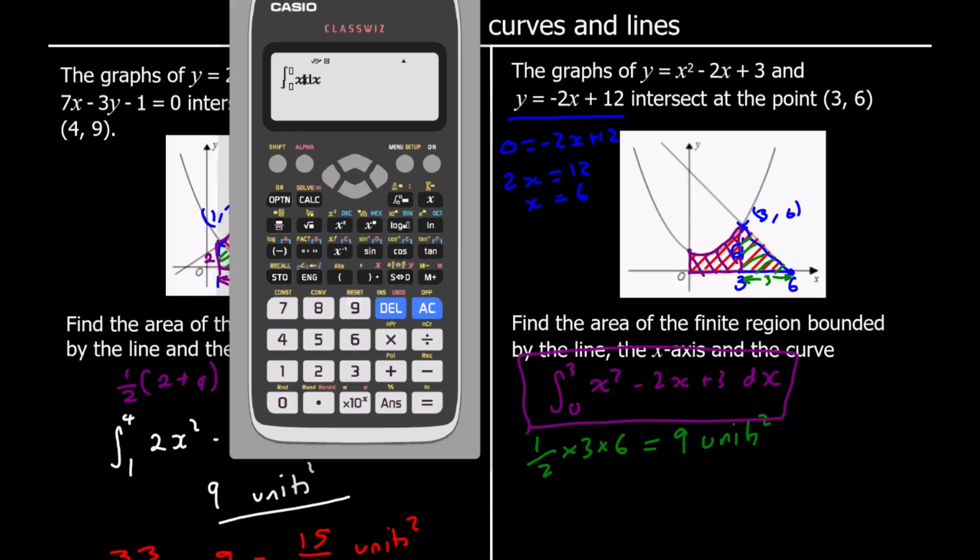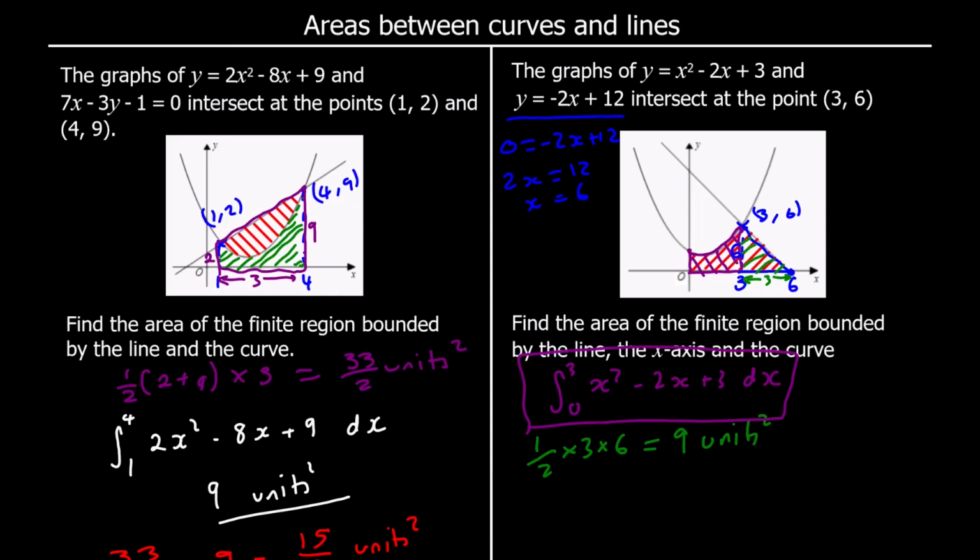But I'll use the calculator just because I don't want the video to be too long. So we've got x squared minus 2x plus 3 between 0 and 3, which is 9. So we've got 9 plus 9, which is 18 units squared.